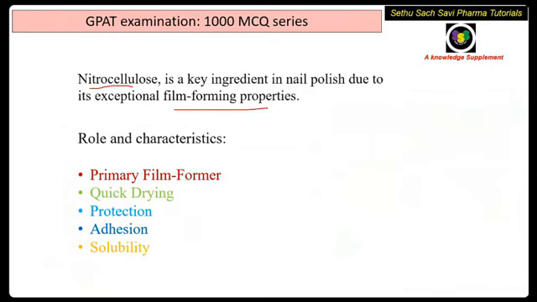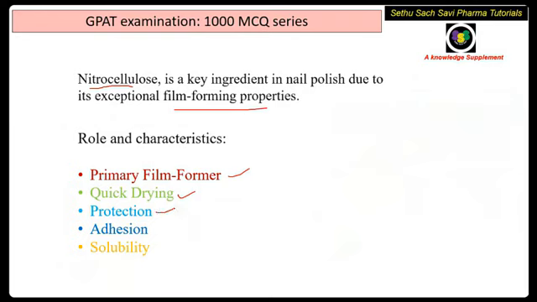Right, let's see some of the main characters of these polymers. First one is, it is a primary film forming agent. Film forming agent means it will dry quickly and form a film over the nail surface. Second thing is, it has a quick drying property. After application, the nail polish will dry up very quickly.